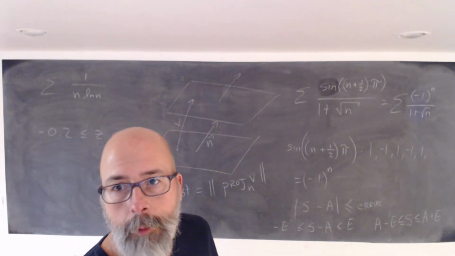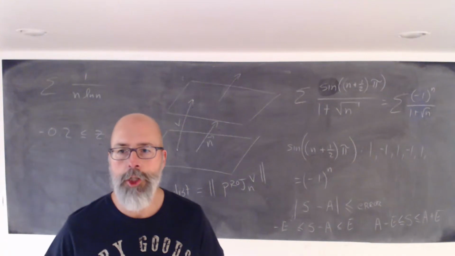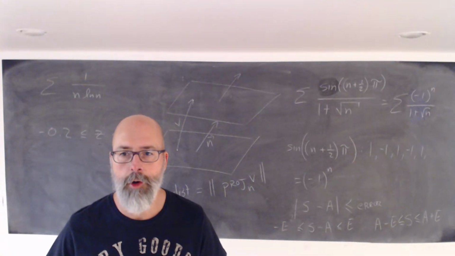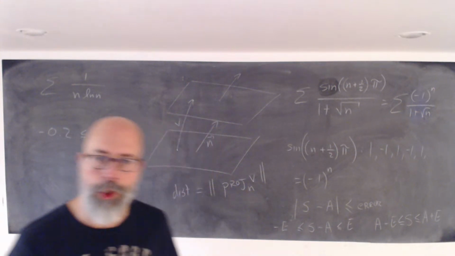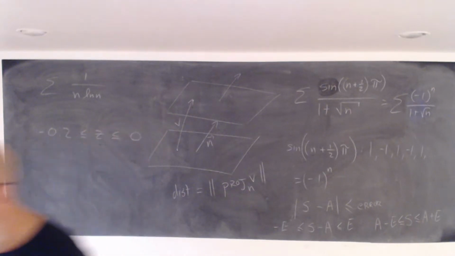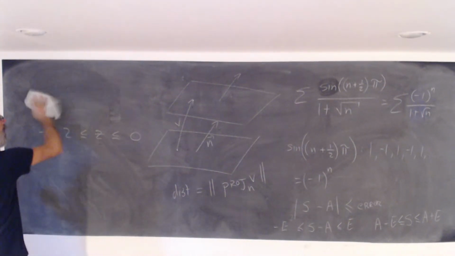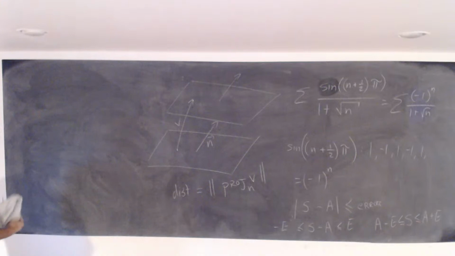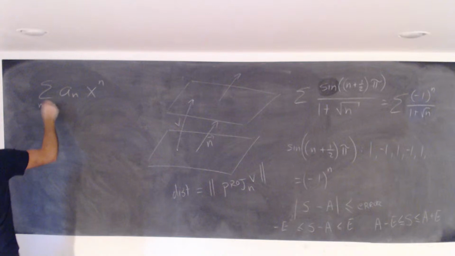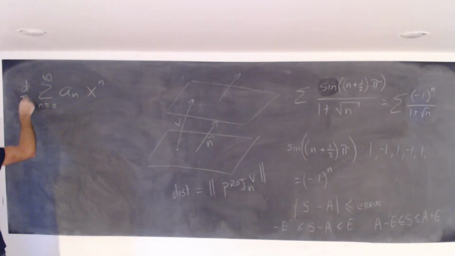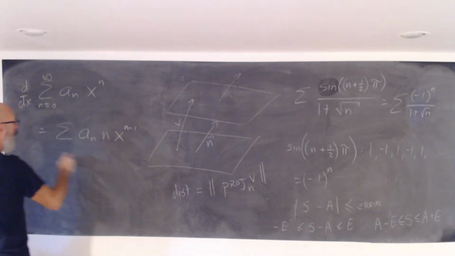Anna Maria is asking, can you explain why when you differentiate a power series you need to change the index from 0 to 1? You do not, and I have not done that in class. You do not need to change. You may change if the situation warrants it, but you don't. If you have a power series and you differentiate term by term in the interval of convergence, this is what you get.